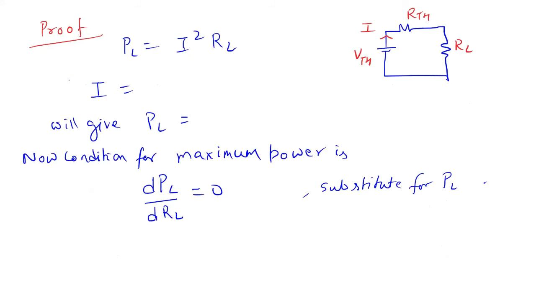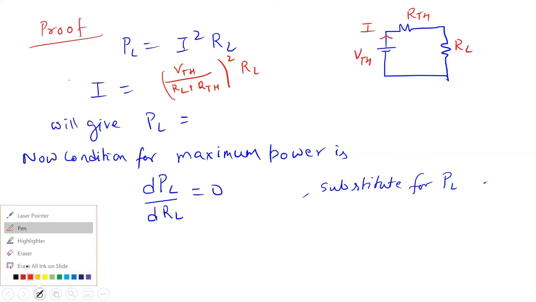We can derive this proof to check whether this condition is true or not. So we have the formula of power across the load as I squared RL, I squared R. So what is I here? We have I as VTH by RL plus RTH. Okay, whole square into RL. Sorry, this is not the current, this is power, right?